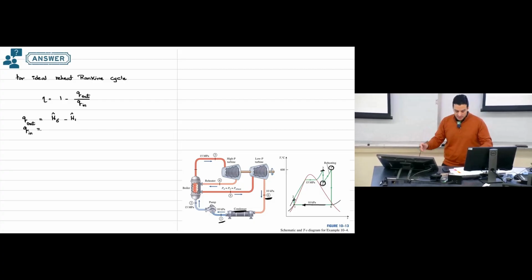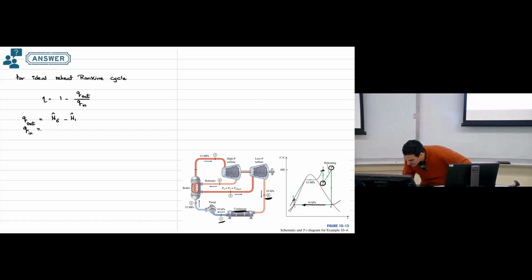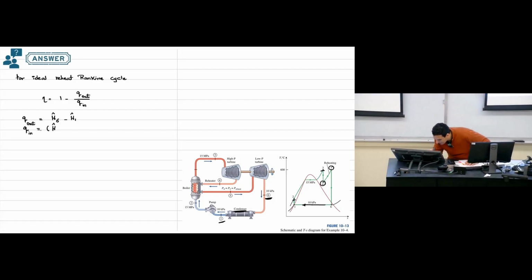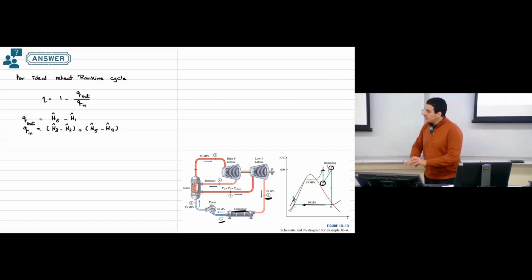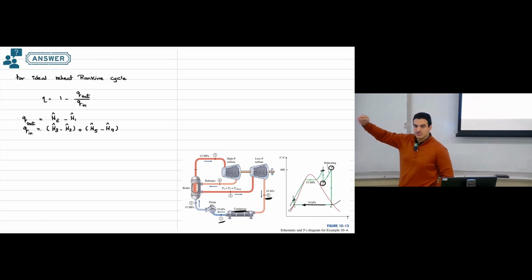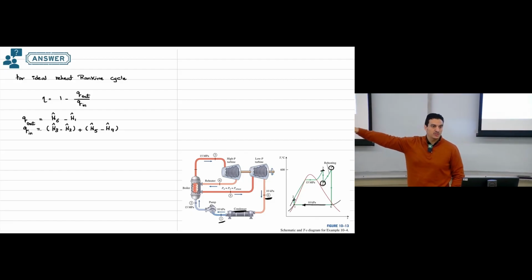So two delta H's will be added: the first one, H3 minus H2, plus H5 minus H4. So if you can calculate these enthalpies, substitute in these equations, calculate Q in and Q out, and substitute in the thermal efficiency, you can find the thermal efficiency.